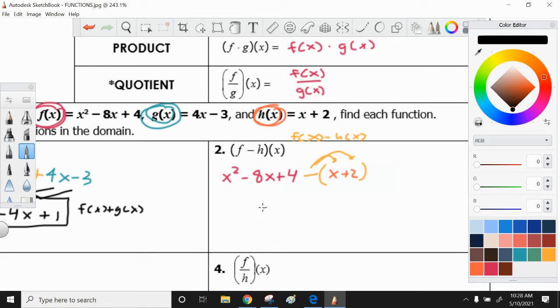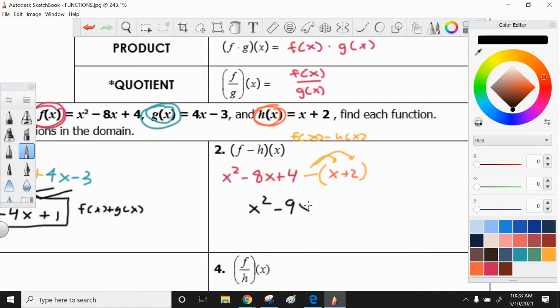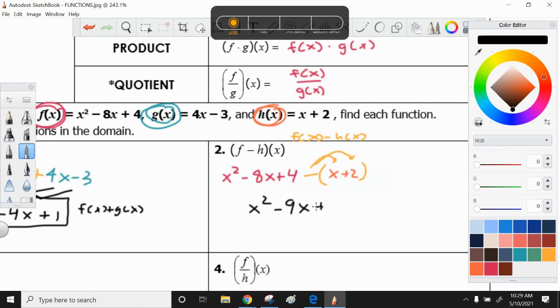So that would be x squared, negative 8x minus an x. So that would be down to negative 9x. And then this would have to be a positive 4 minus positive 2. And so what we would end up with here is 2.